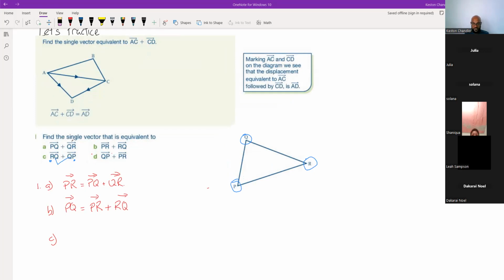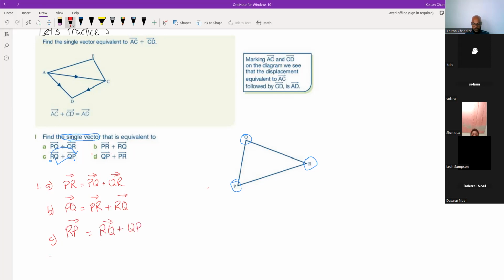So if I'm looking for that single vector or that straight trip up the highway, that's going to be the R, which is Chaguanas, the P, which is Port of Spain. You see it? Everybody see now? Yes, sir. So RP is my single vector to represent R going to Q and then Q going to P.